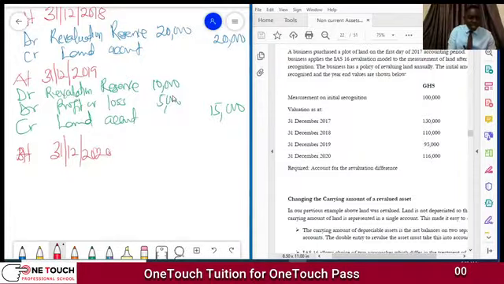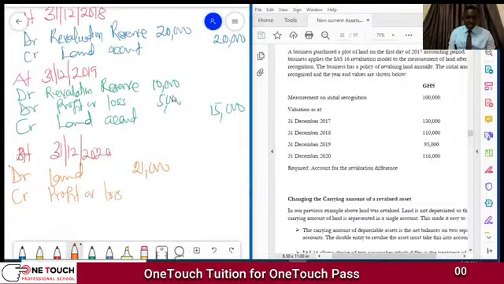So here we are going to debit land with 21,000. We credit profit or loss with 5,000.